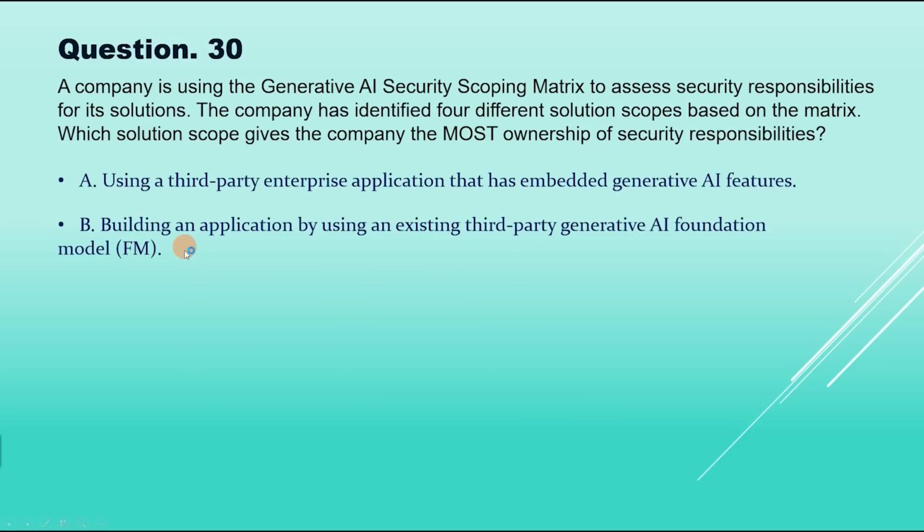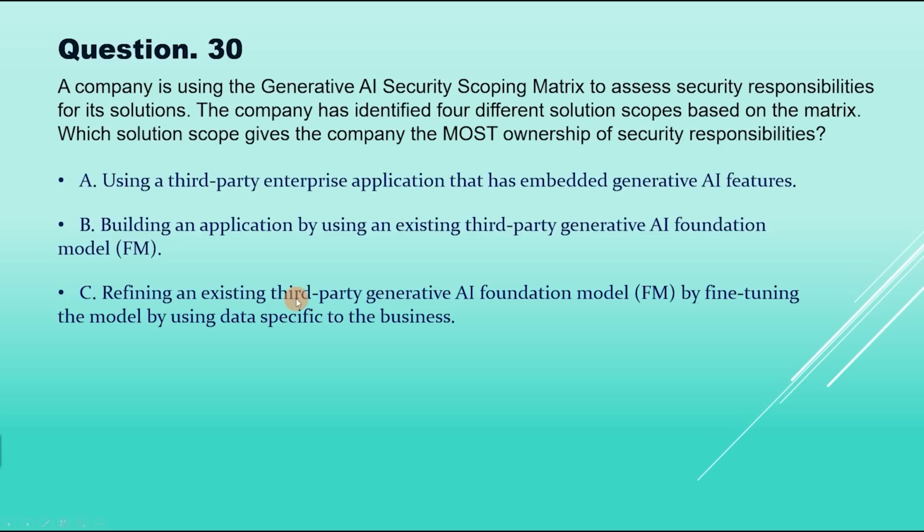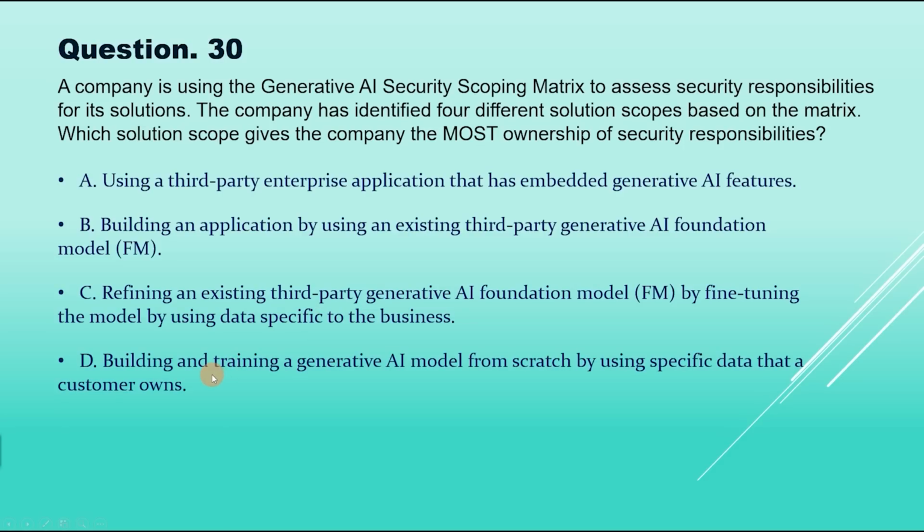Option B, building an application by using an existing third party generative AI foundation model. Option C, refining an existing third party generative AI foundation model by fine tuning the model by using data specific to the business. Option D, building and training a generative AI model from scratch by using specific data that a customer owns. So these are the options.